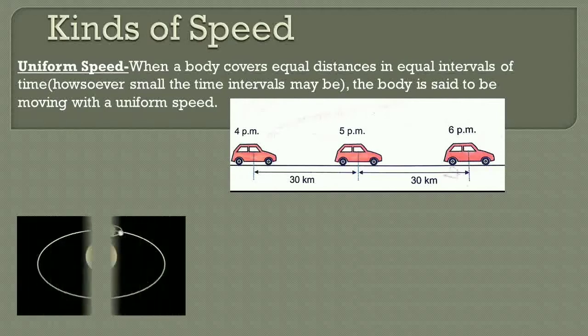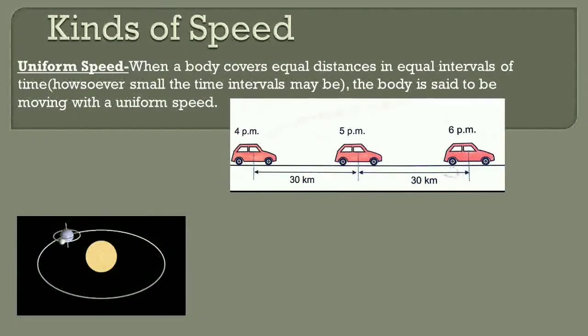Another example is the earth revolving around the sun. Actually, this is also an example of rotatory or circular motion, but the speed of the earth is uniform because it covers equal distances in equal intervals of time, as is the case with the moon also.